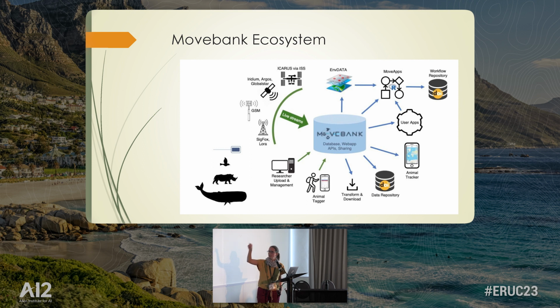We have env data to annotate data with, for example, weather observations with remote sensing data. We have the Animal Tagger app, which is an app for citizen scientists to follow some of the animals we're tracking and maybe taking pictures of them in the field if they're in their backyard. We have a repository where people can get a DOI for their data.